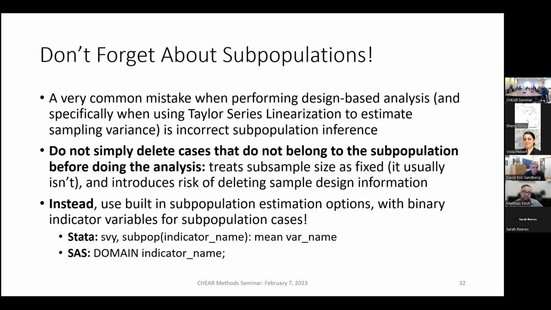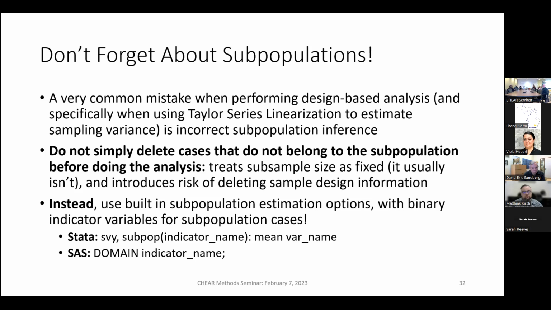Okay, another key point, don't forget about subpopulations. As I mentioned, don't simply delete cases that do not belong to the subpopulation. Instead, you can use these simple additions to the analysis commands to specify this binary indicator of who's in your subpopulation and who's not. So in Stata, you can just add the subpop option before the colon.